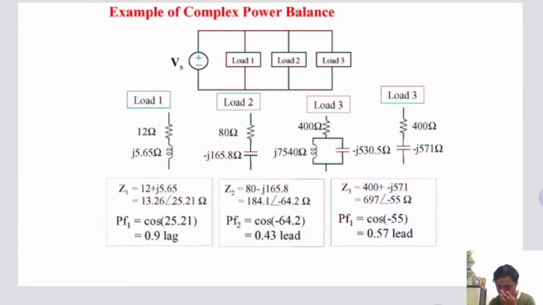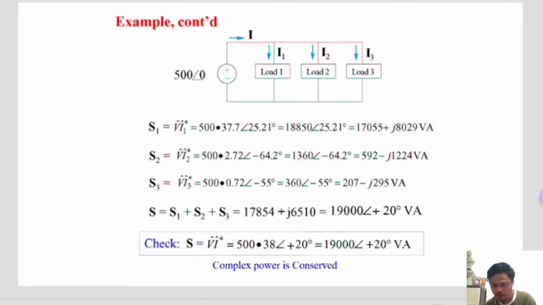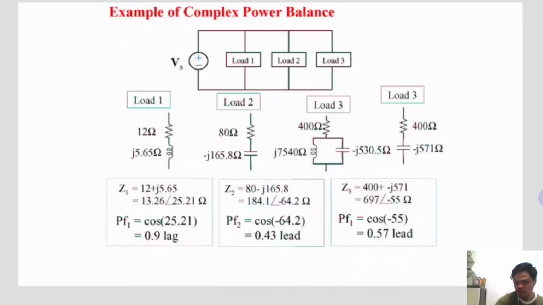So for example, you have these three loads connected in parallel. We're going to determine the total power in the circuit. So we need to compute the individual S power of each element, so we can sum up all the individual complex powers. We can say that power is conserved in the system.